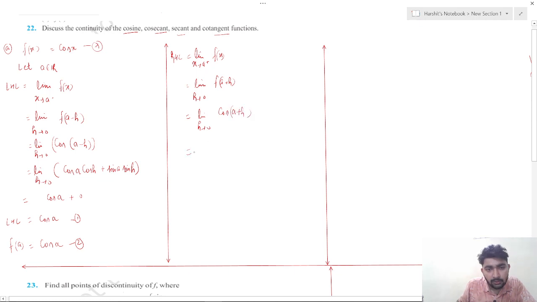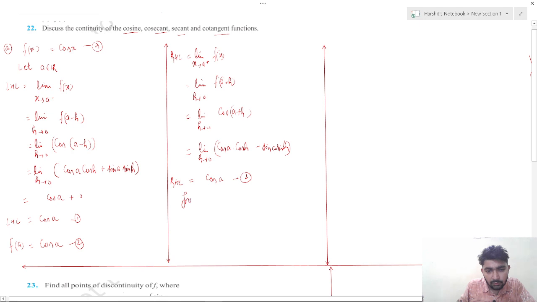Again we need to open the formula of cos of a plus b. What we have: limit h tends to 0 of cos a cos h minus sin a sin h. If you apply the limit here, we will get cos a only again. So this is your RHL, equation number 3.